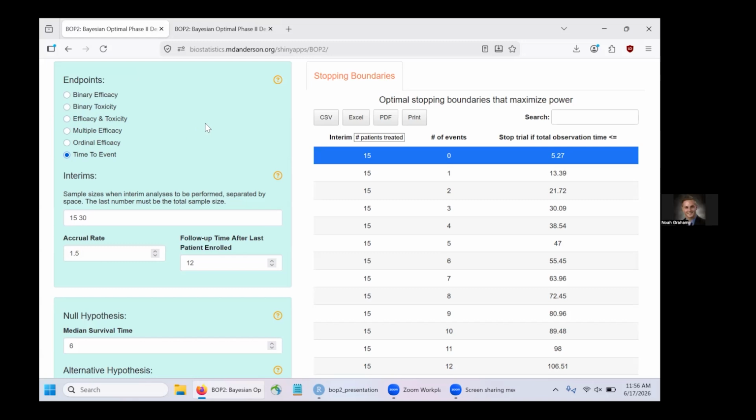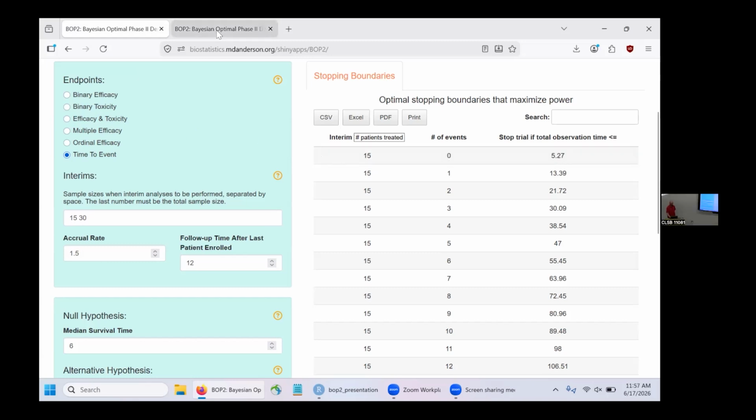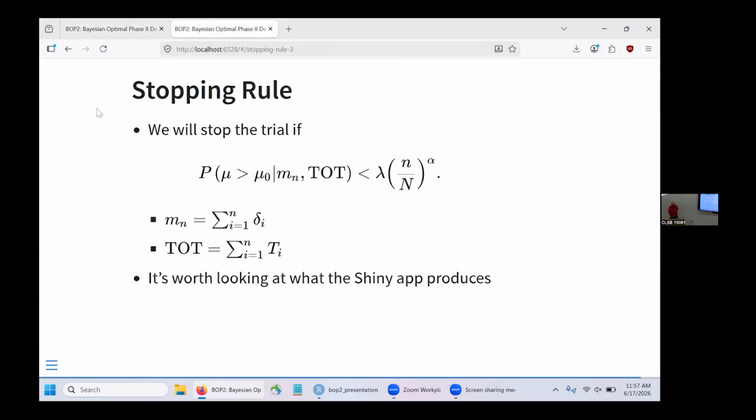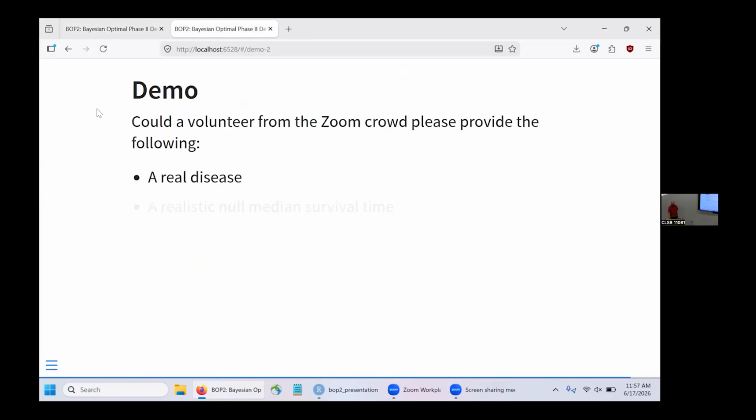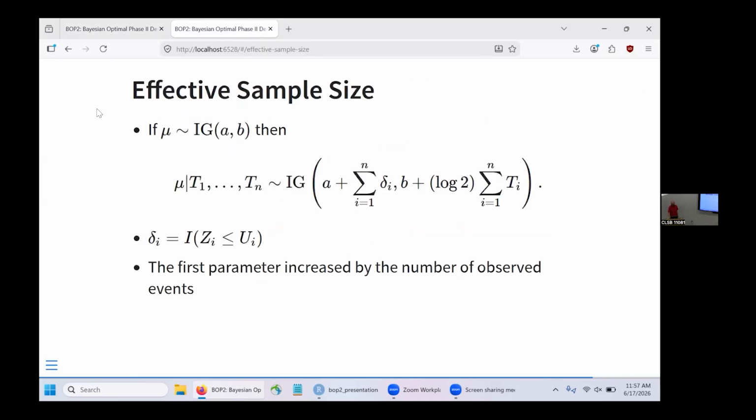Okay. Yeah, thank you. I do have a follow-up question that I hope can be answered quickly. The posterior, if I go back to it, is a function of the number of events that you observe and the total observation time, which are going to be a function of the censoring.